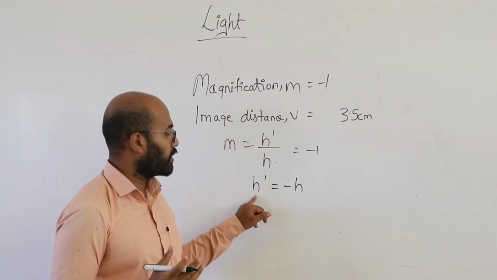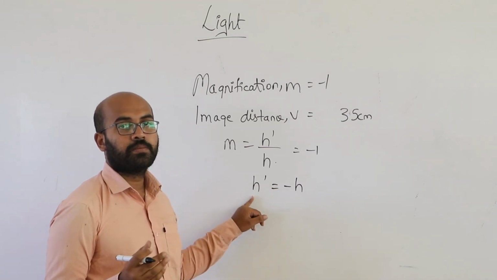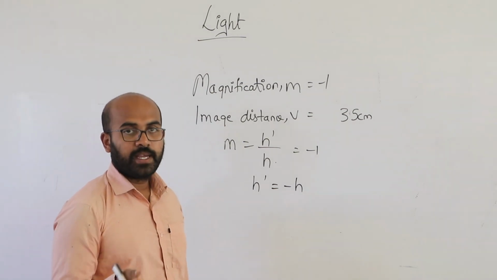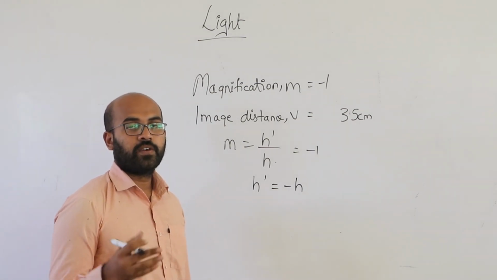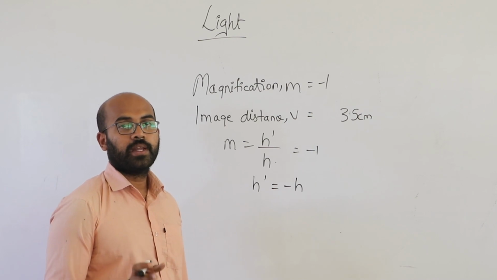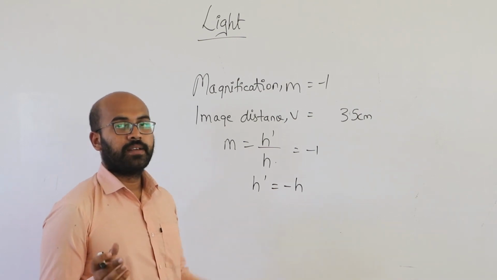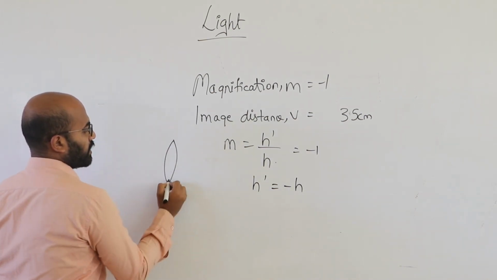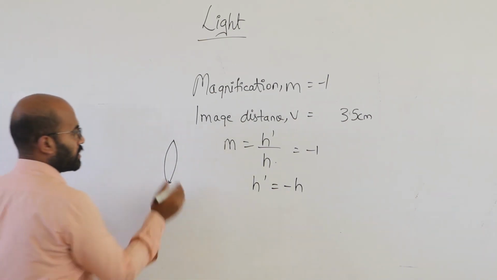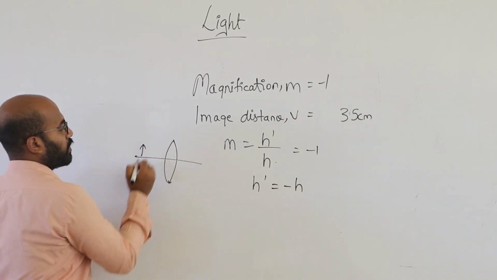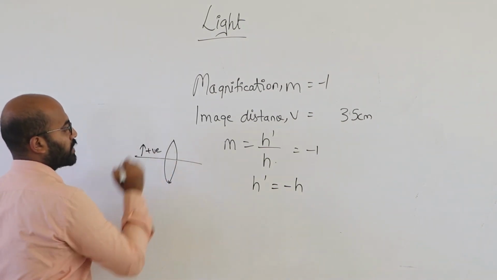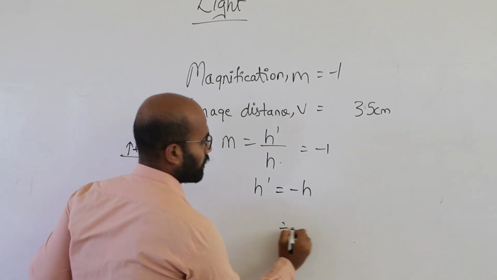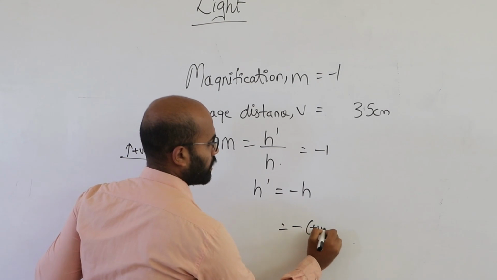If the height of the image is positive, then height of the object will be negative. So where is this kind of thing formed? It's only formed in a real and inverted image. How? Real and inverted image is formed only in a convex lens. So if I take height of the object as positive, what will it be? So minus into positive.